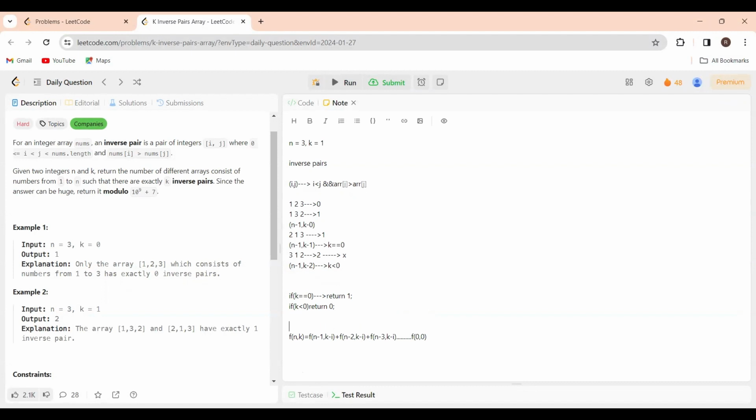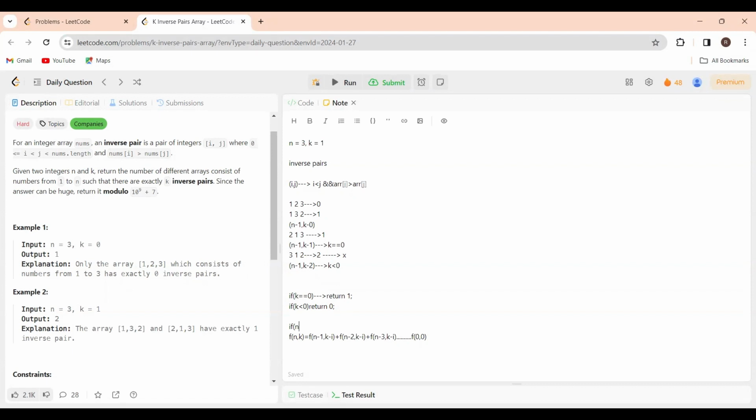And our n also can go up to 0 or lesser than 0, right?